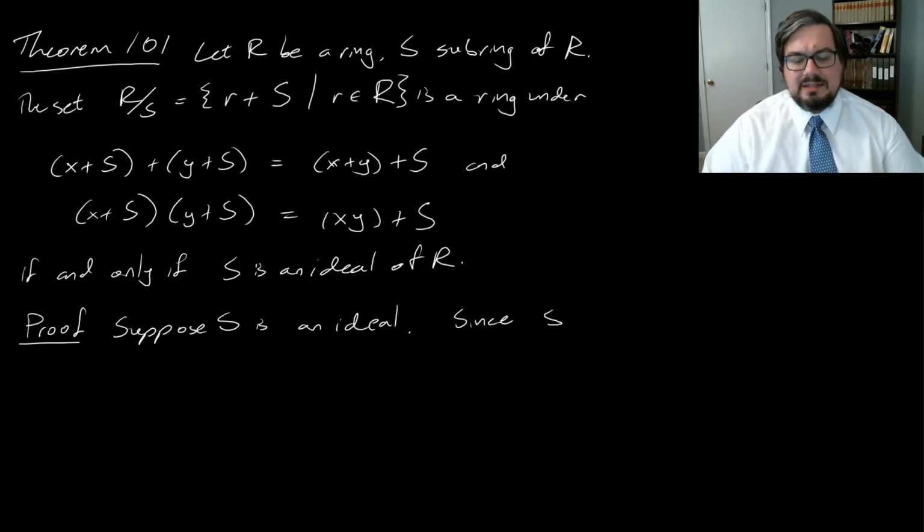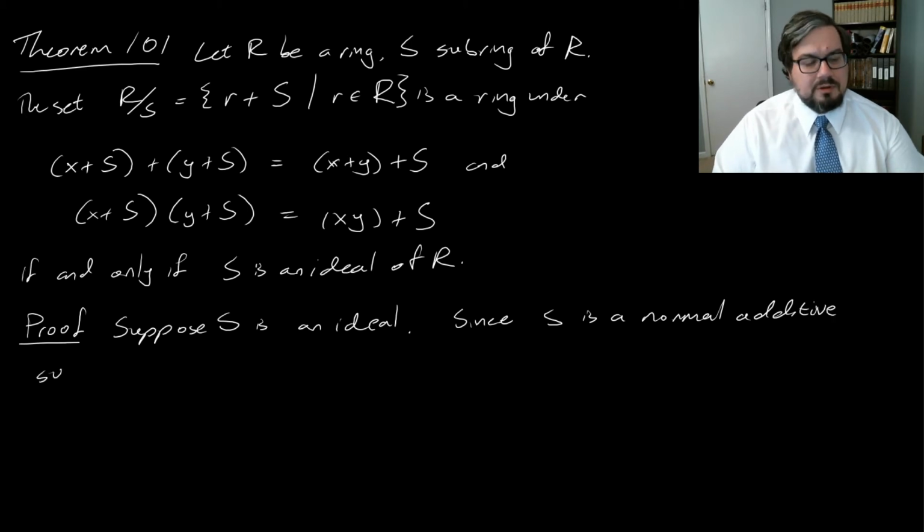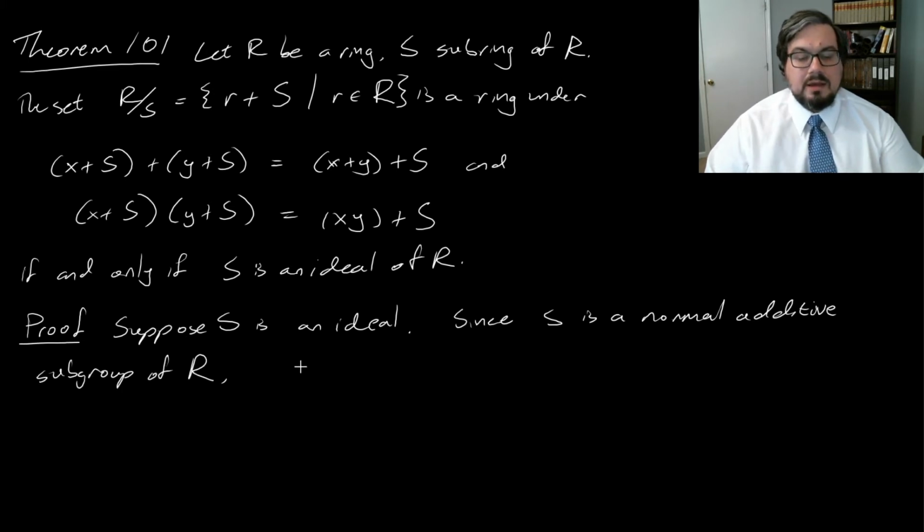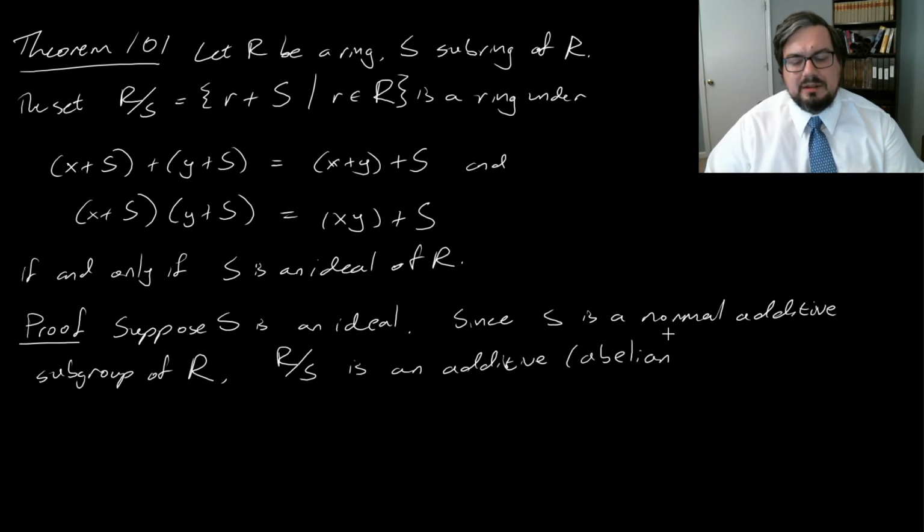Since S is a normal, I should say additive, subgroup of R, we have that R mod S is an additive, that is abelian, group.